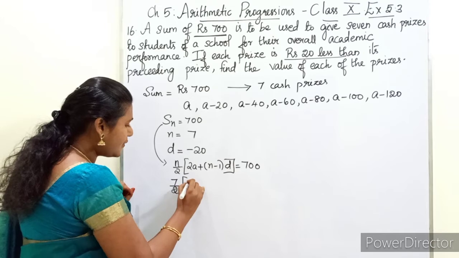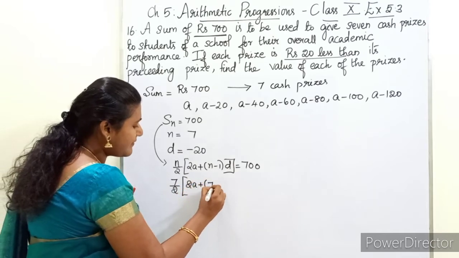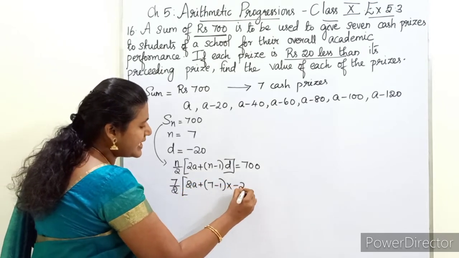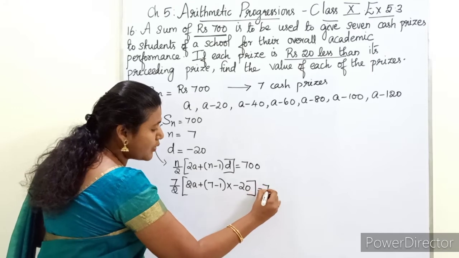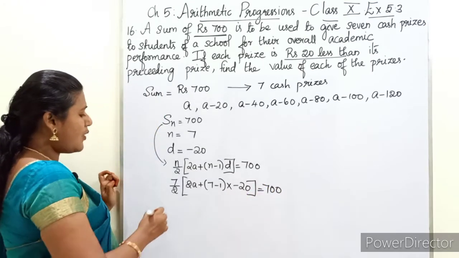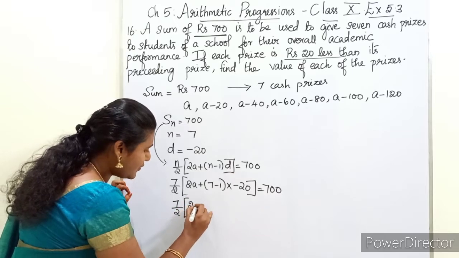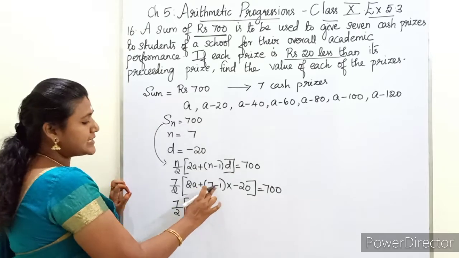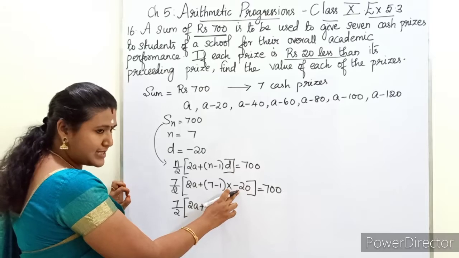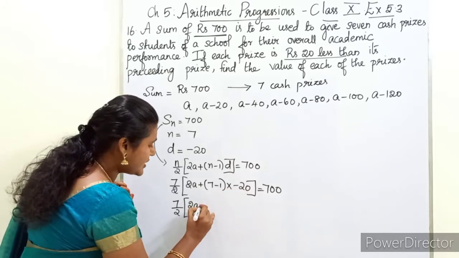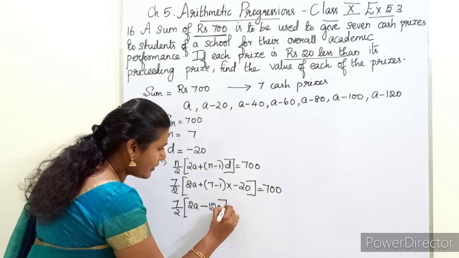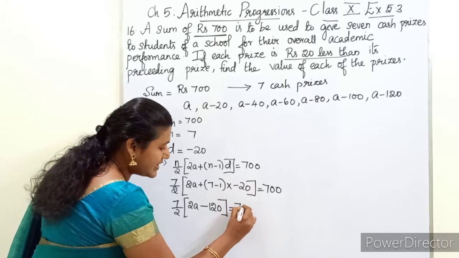So 7 by 2 into 2A plus 7 minus 1 into d, which is minus 20, is equal to 700. Now this we will simplify: 2A plus 6 into minus 20, that is minus 120, is equal to 700.